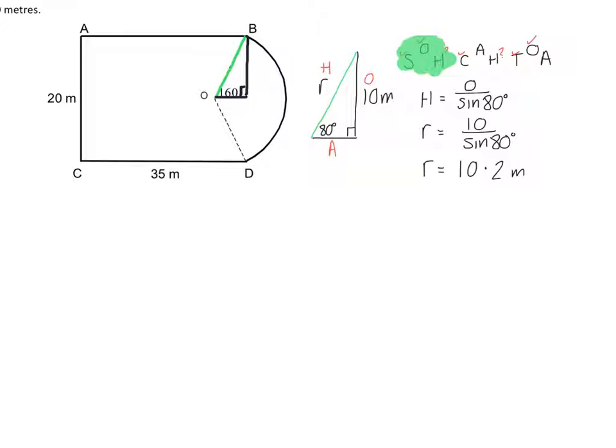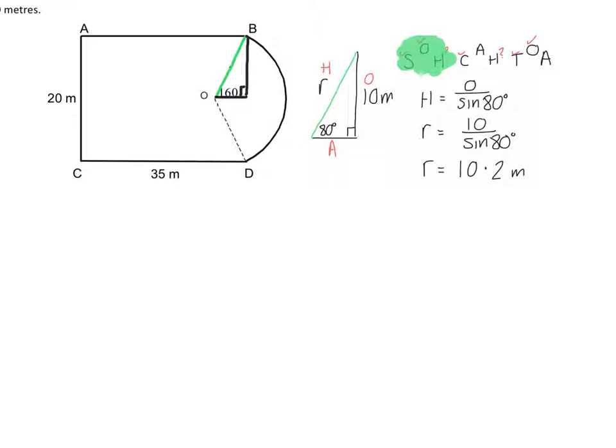So the perimeter of the garden is the distance round the outside, so we have 35 metres, and then 20 metres, then another 35, and then we have this arc of the circle sector at the end. So the straight edge parts, we already know those, it's just a case of working out the arc of this circle sector here.